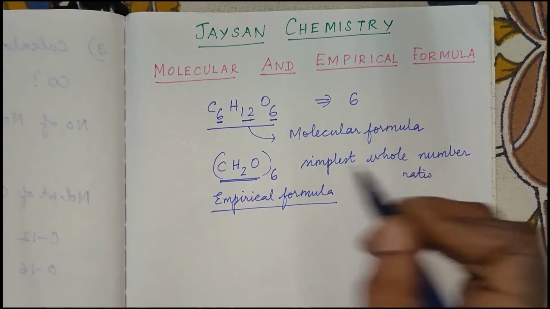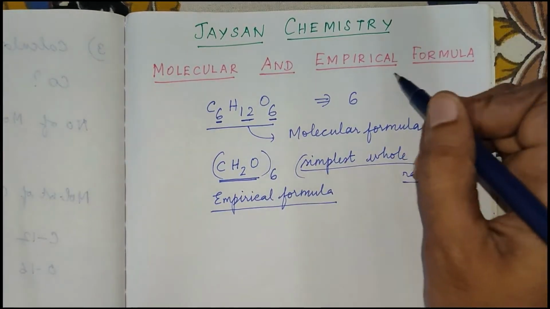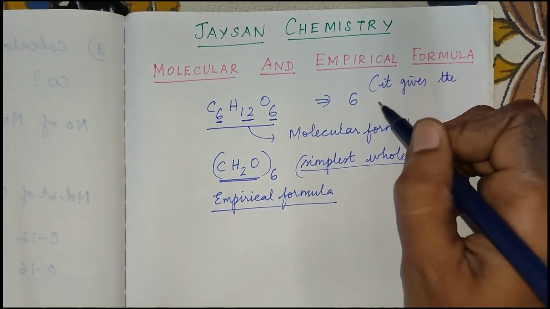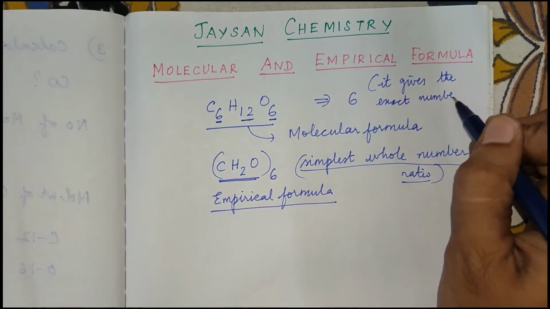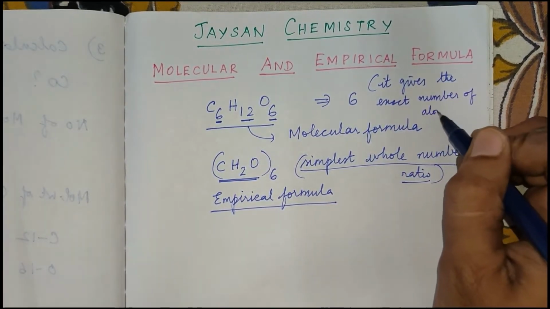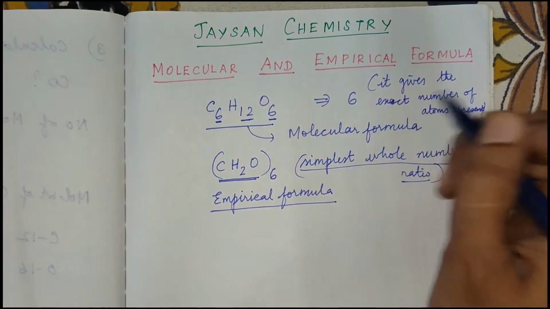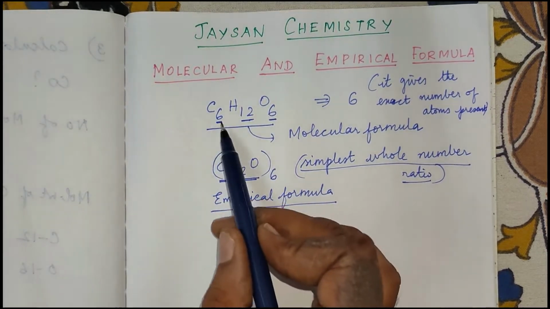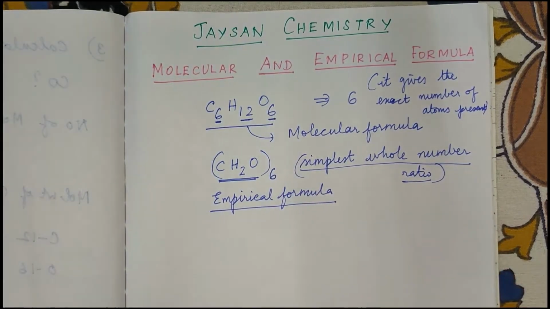So what is the empirical formula? It is the simplest whole number ratio. What about the molecular formula? It gives the exact number of atoms present. In this case, carbon is 6, hydrogen is 12, and oxygen is again 6.